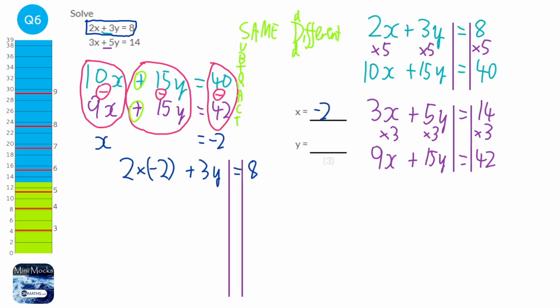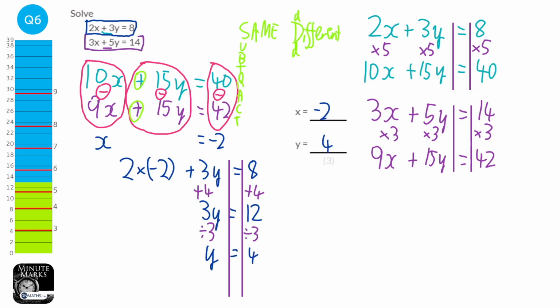So we've got 3y equals 12. And then the next thing is we're going to divide by 3 both sides to get y equals. So y equals 4. And we can check that by substituting it into the second equation and doing 3 times minus 2 plus 5 times 4, and that does equal 14.